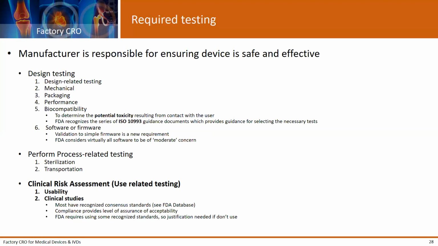So that might be a very good read. In addition, perform process testing like sterilization validation and transportation testing, and clinical risk assessments, use-related testing. So there we have usability testing and clinical studies.